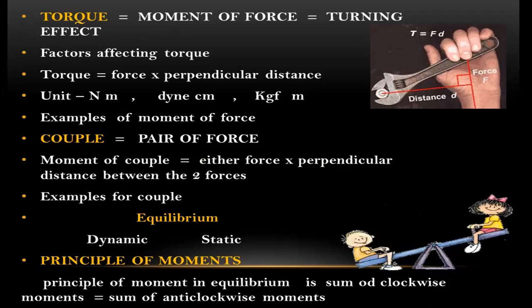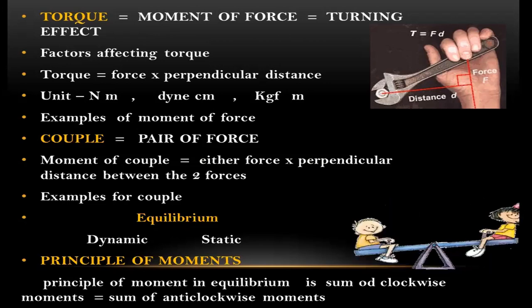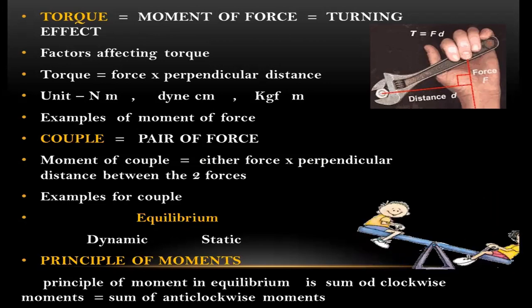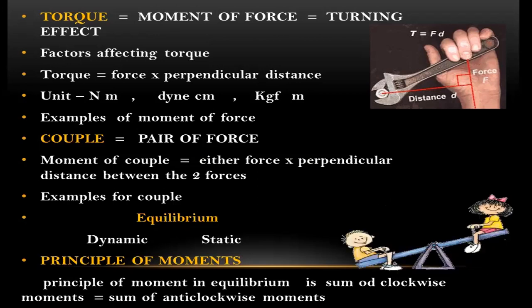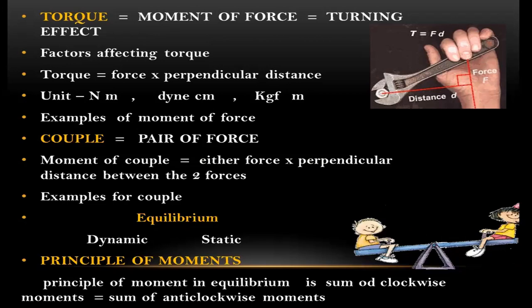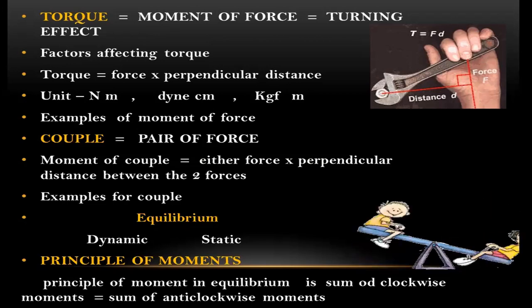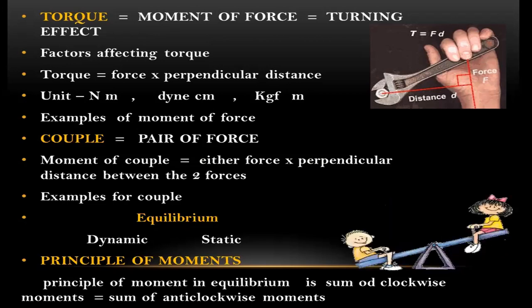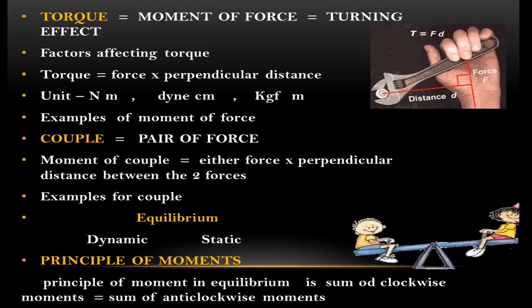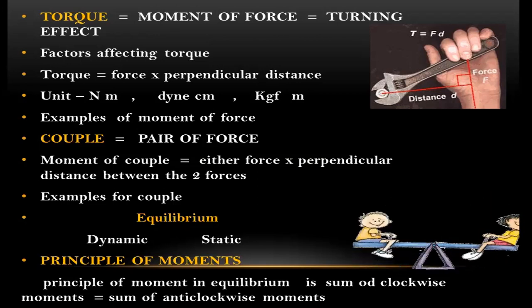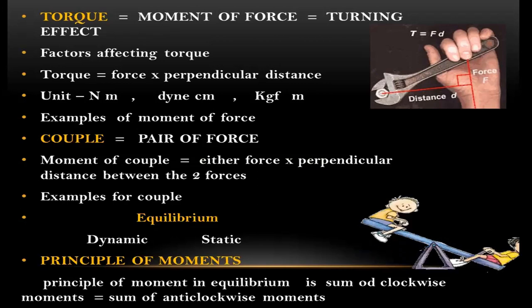So what are the factors that can affect a torque? The factors that can affect the turning of a body are the magnitude of the force applied and the perpendicular distance from the point that is fixed to the point of application of force. Hope you remember the example that I gave you with the help of a door.